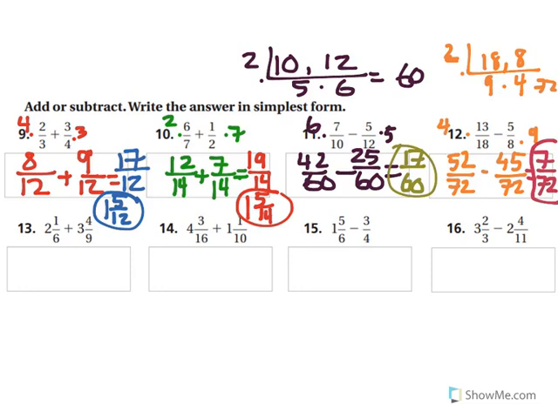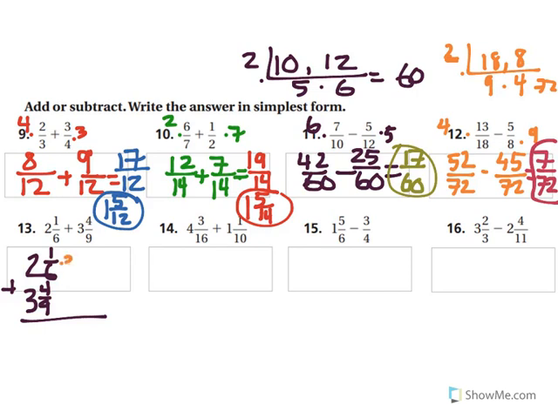So I have 2 and 1/6 plus 3 4/9. And I'm going to use the common denominator of 18.